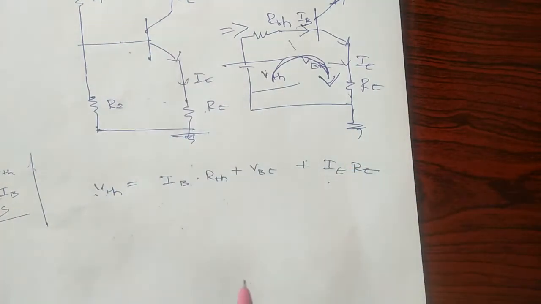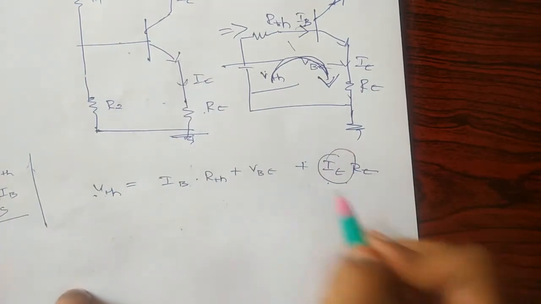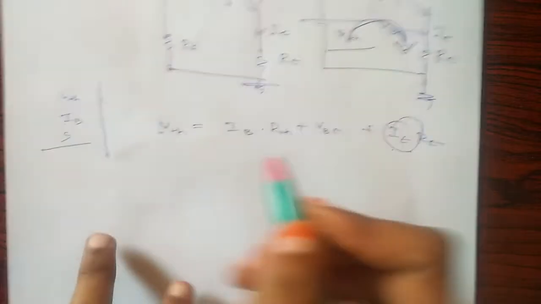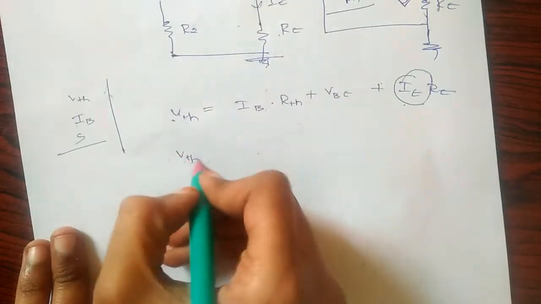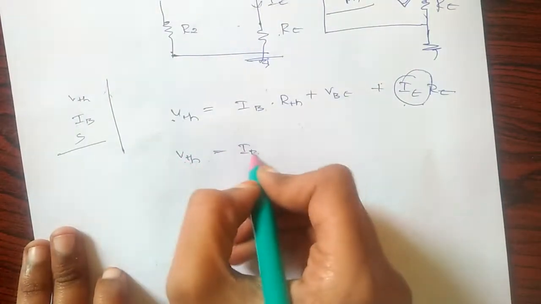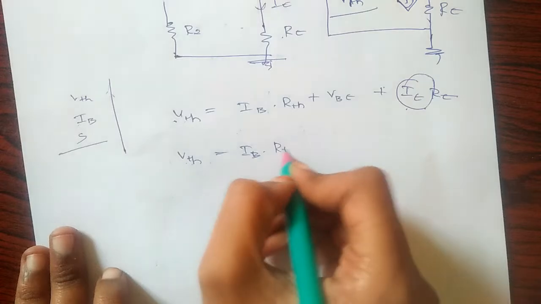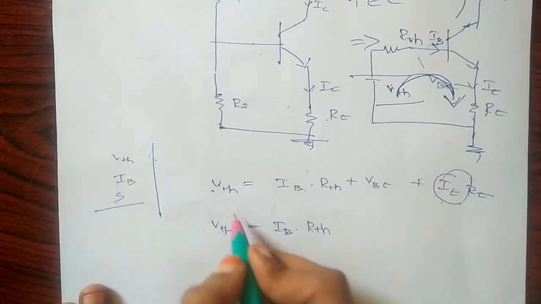So from this equation you can convert IE as IC plus IB. Then we get VTH equal to IB into RTH.